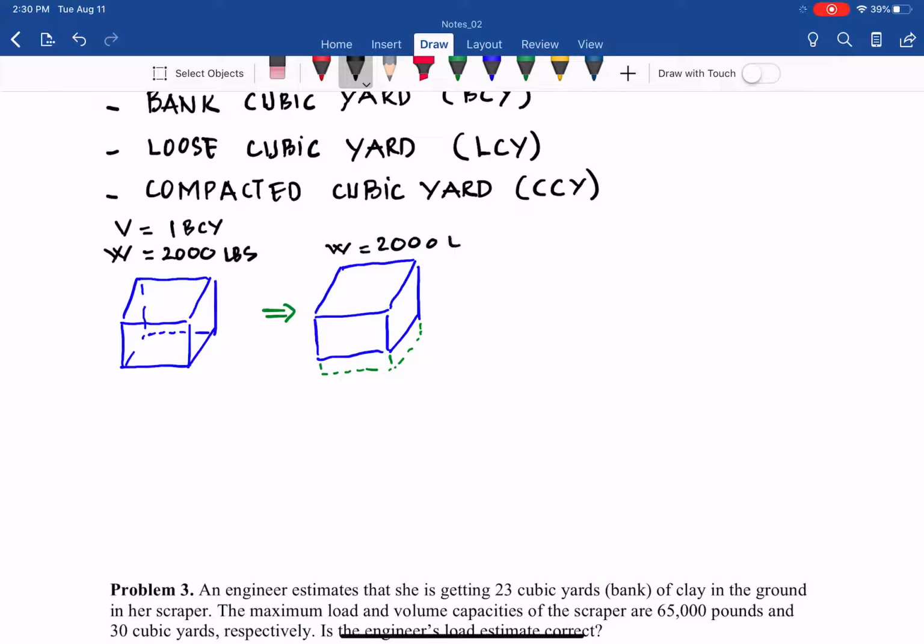Of course, in real life it may change because of water vapor, but it's not that much different. And the volume, for example, becomes 1.25, in this case LCY. You can see that. And then if you compact it, put it in the as-built place, it will reduce the volume.